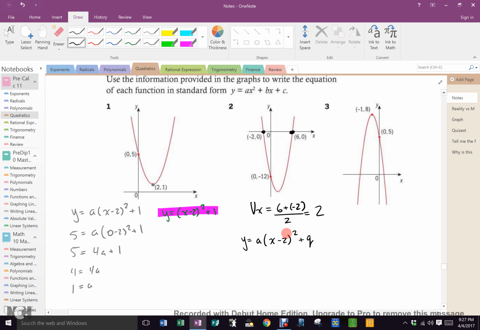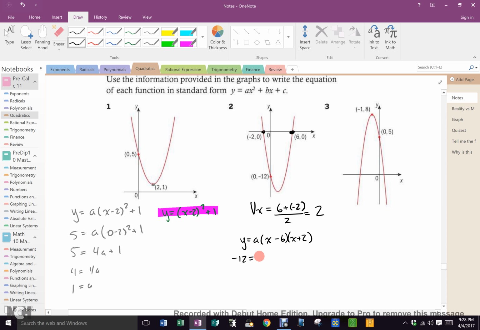So this doesn't really work, does it? But I do know that y also equals a(x minus 6)(x plus 2), don't I? And now I can work it out because I got all kinds of points that can go in for x.